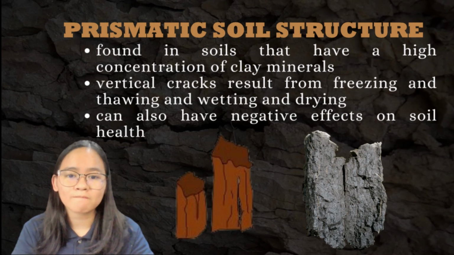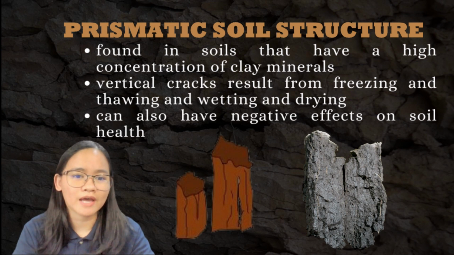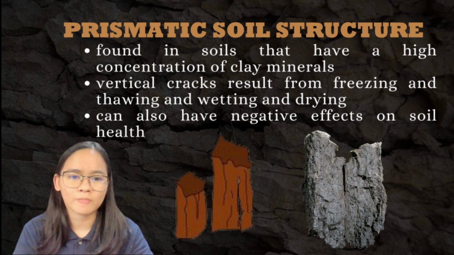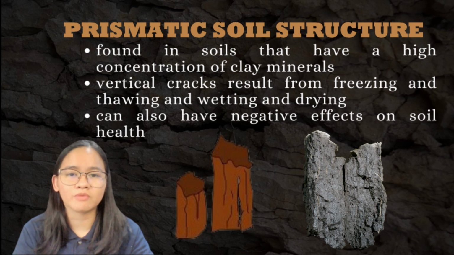The vertical cracks result from freezing and thawing and wetting and drying, as well as the downward movement of water and roots. Over time, these columns can become more defined and stable, creating a distinct prismatic structure. Prismatic structure can have both positive and negative effects on soil health and fertility.